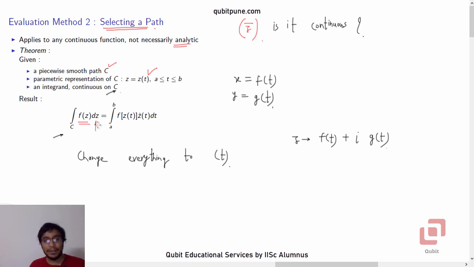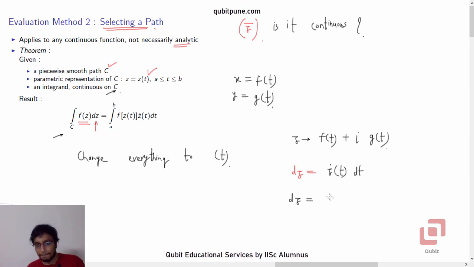Step 2, you also have to find the replacement for dz. That replacement is the derivative of z with respect to t times dt. This is perhaps the easiest thing to obtain, very much like integration by substitution.